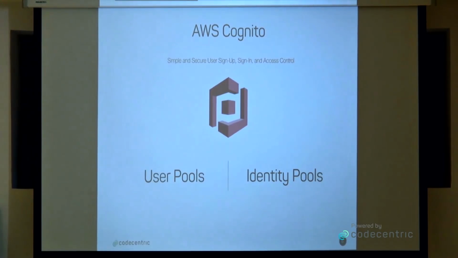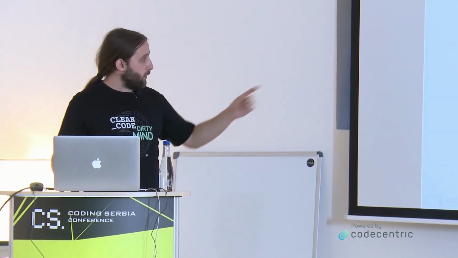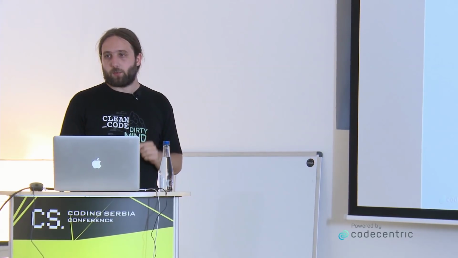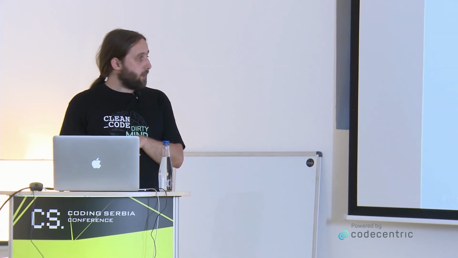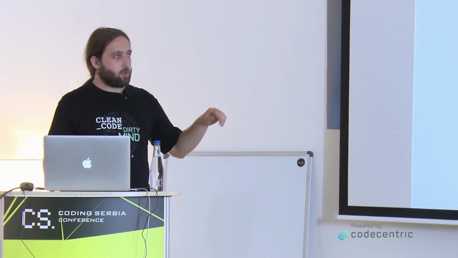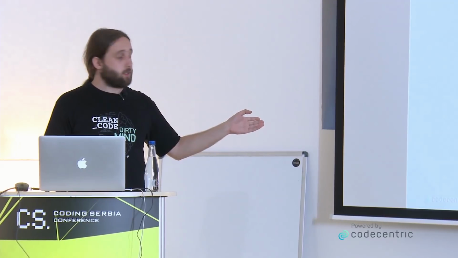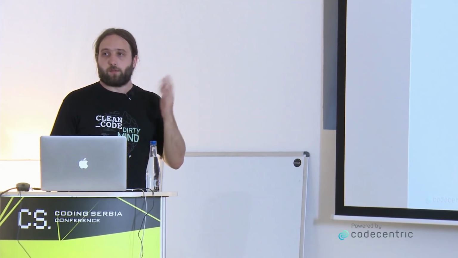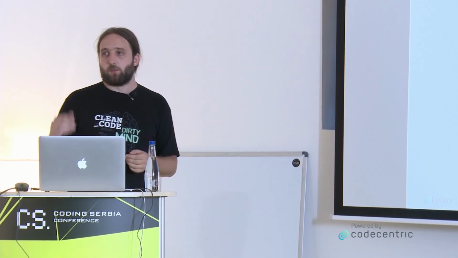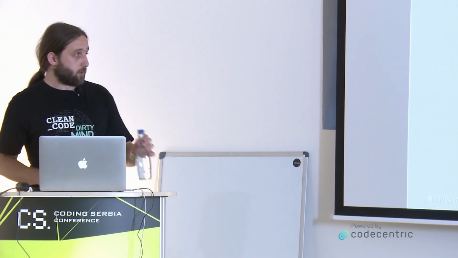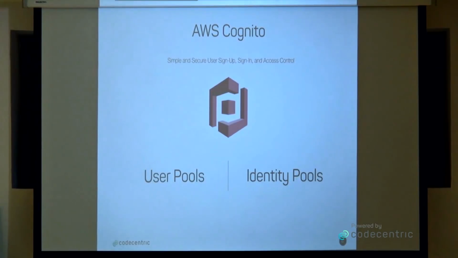They give temporary roles to authenticated users from some identity providers. Cognito user pools are one example of identity providers, but others can be Facebook, Google, or some custom provider using the OpenID and SAML protocols. That's the main difference between the two of them.